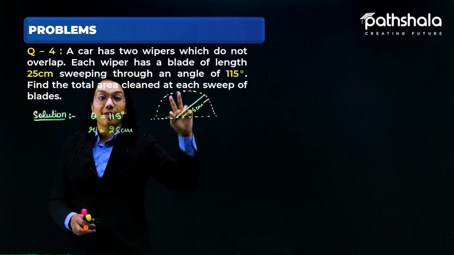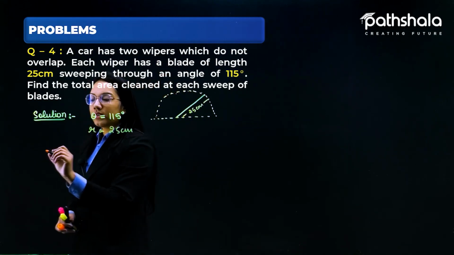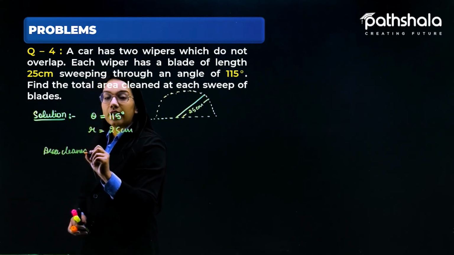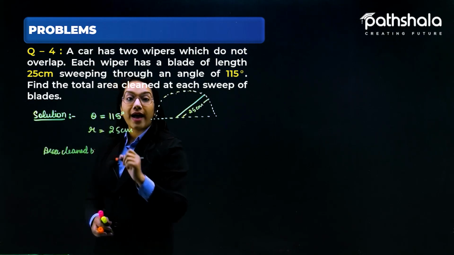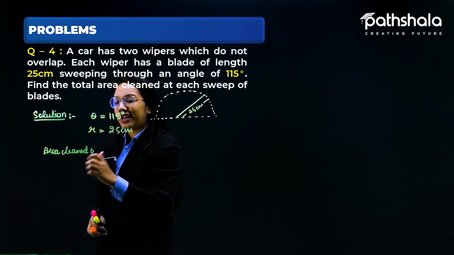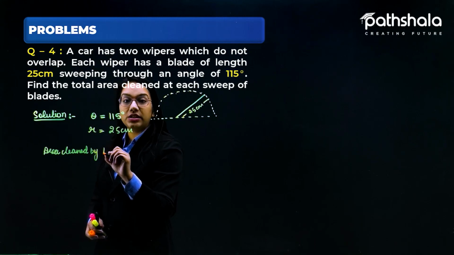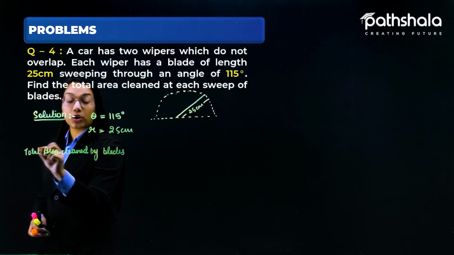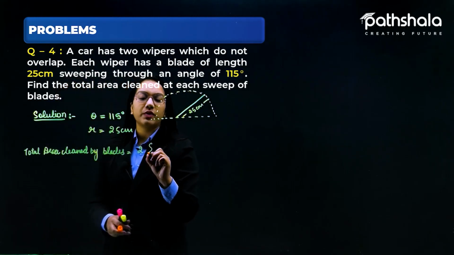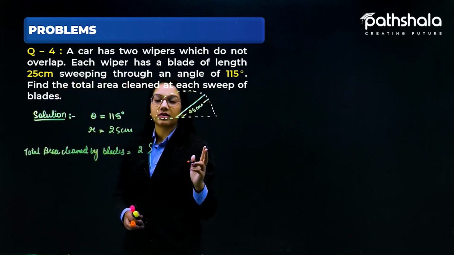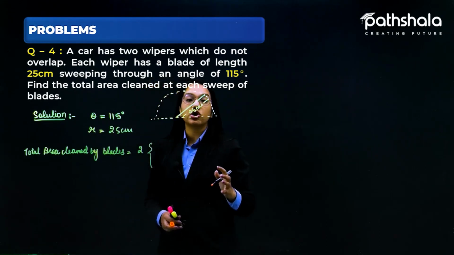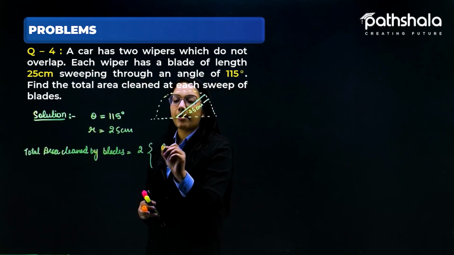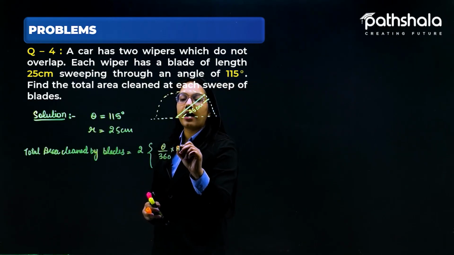Since there are two wipers, the area cleaned at each sweep of the blades, let us write it as the total, would be twice of theta by 360 into pi r square.